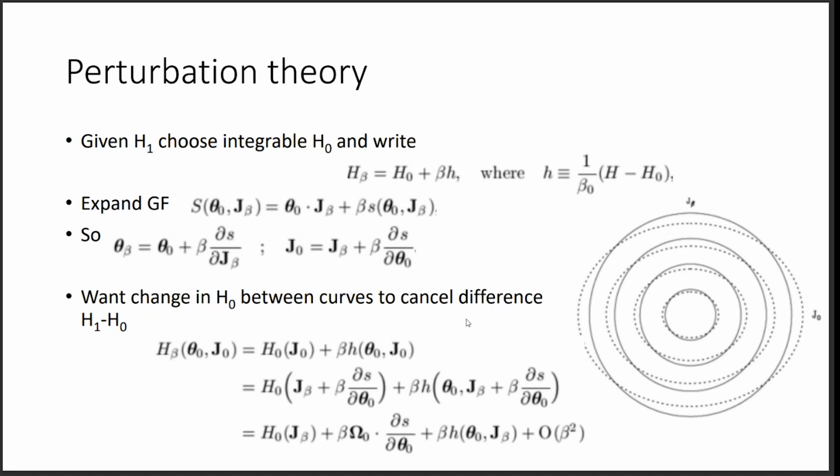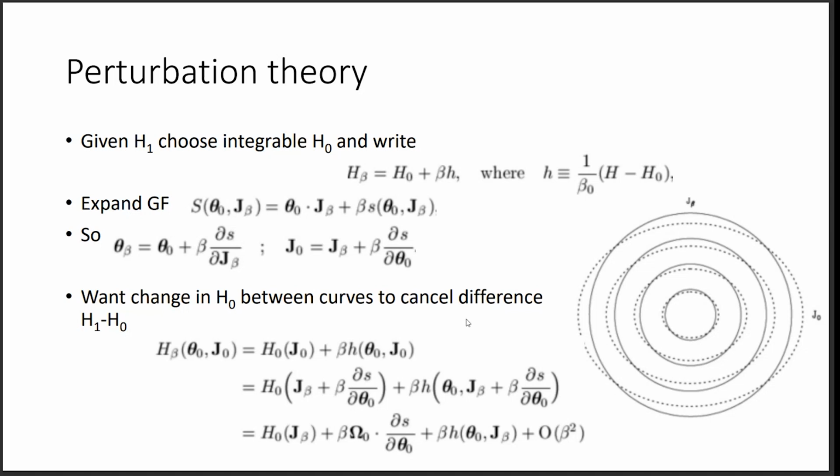I've already covered that this is the generating function of the identity transformation plus beta, the small parameter, times some other function, little s. And so we have this, so that theta beta is theta naught plus a bit that depends on beta. And the name of the game is, so this diagram is supposed to illustrate, I think, that these full curves are the cross sections through the tori of J that are described by J beta.